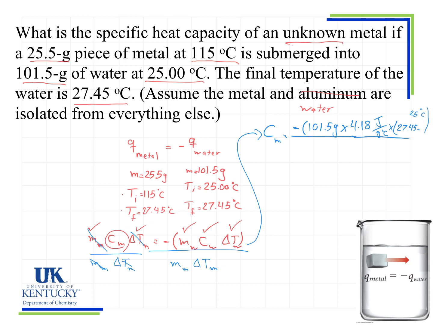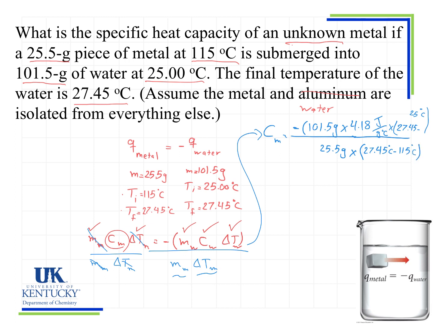Okay, and on the denominator I have the mass of metal, which is 25.5 gram times the delta T of the metal, the T final, which is 27.45 degrees Celsius, minus the initial temperature, which is 115 degrees Celsius.